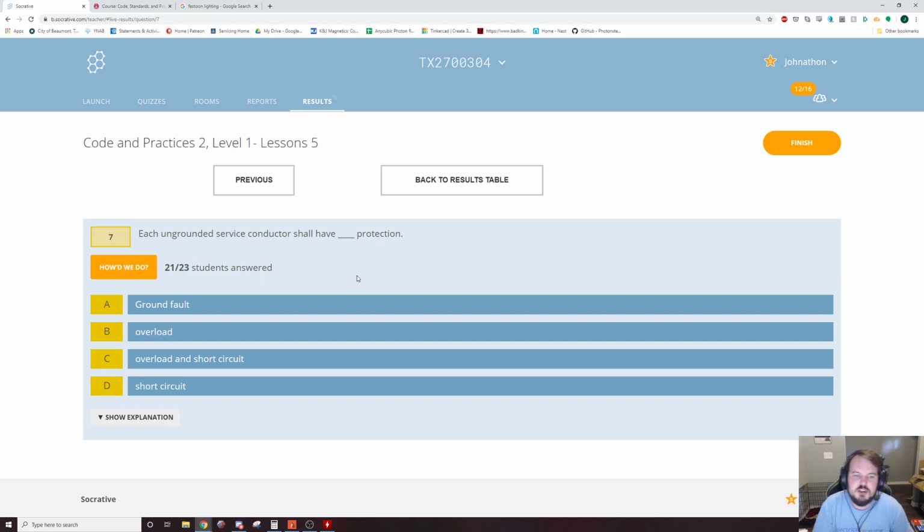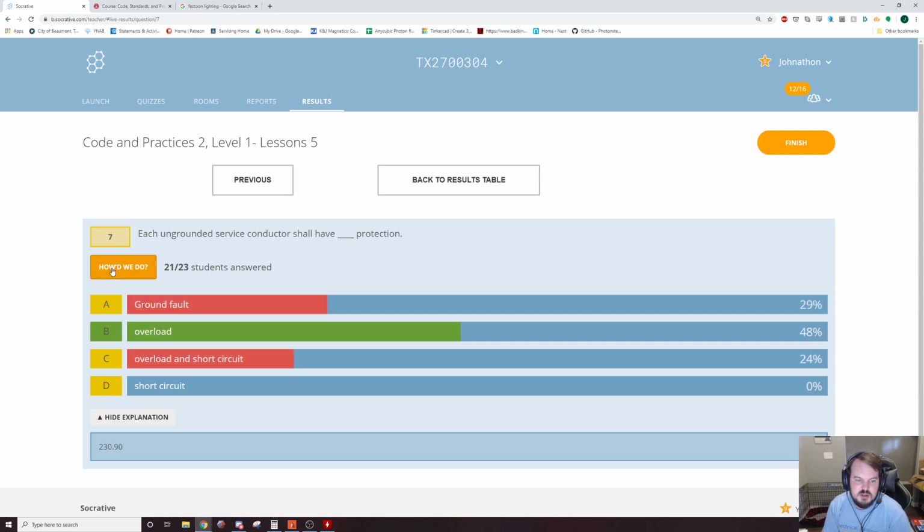Then each ungrounded service conductor shall have blank protection. It's got to be overcurrent. Let's see. Ooh. I was like, it's got to be like ground fault or something protection or overload protection. But that's kind of all of the answers.